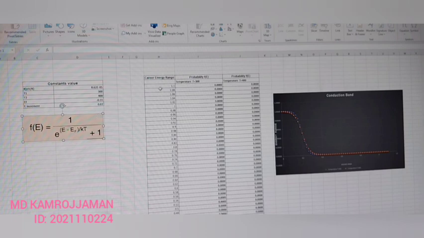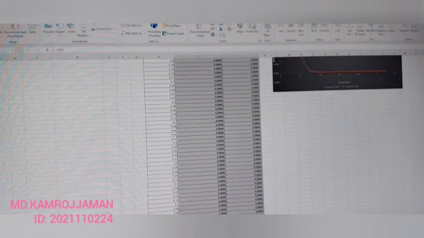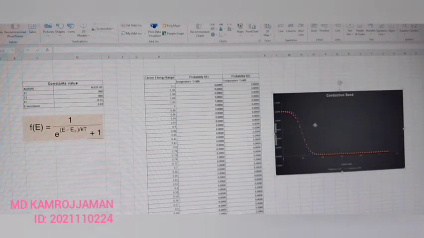I need the same step, I just change some values. So the same way I can find this probability, then I find this Fermi-Dirac distribution curve here. The same way I just select and go to insert and go here, then I find this curve, the conduction band, valence band and energy range.